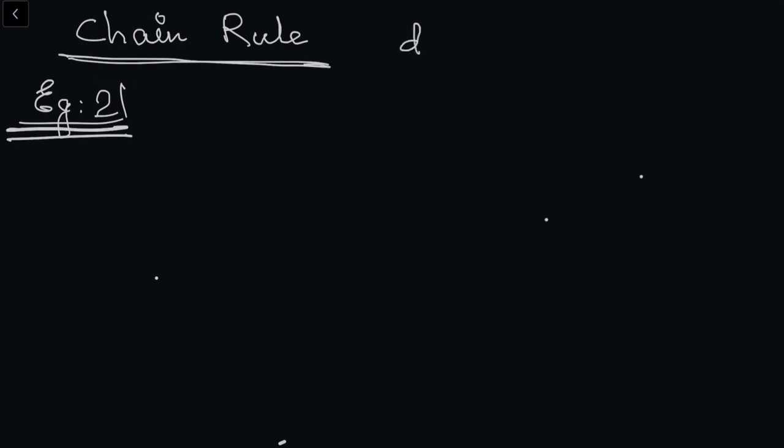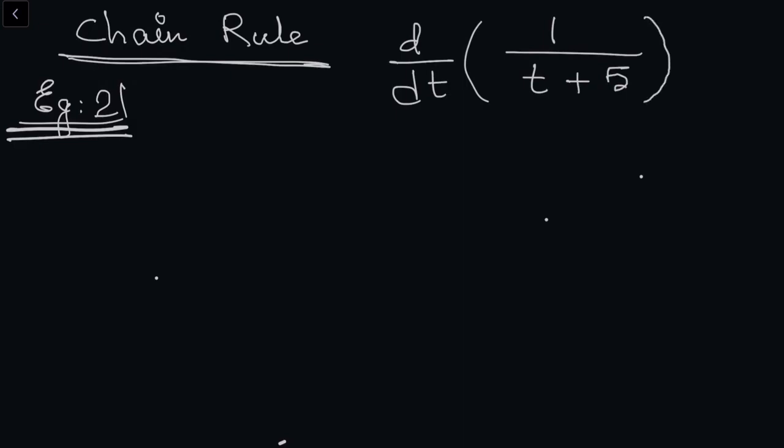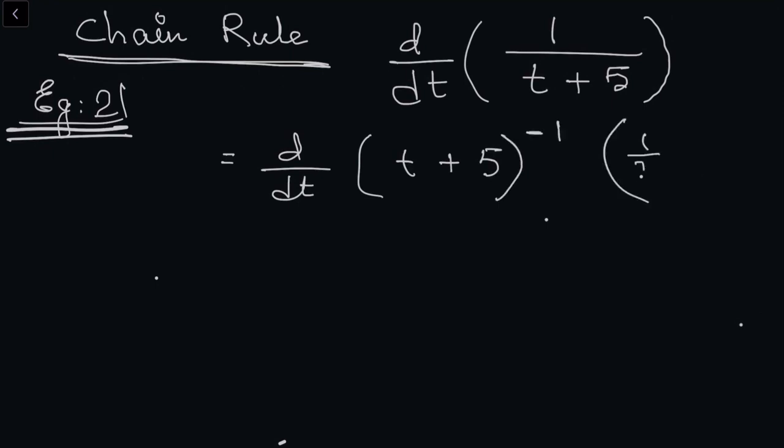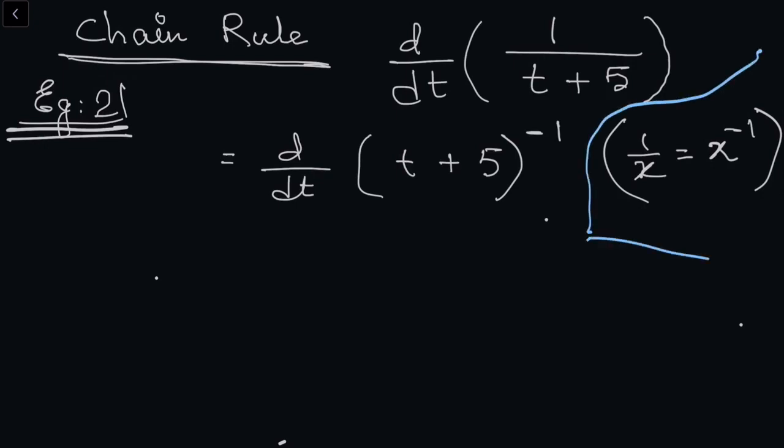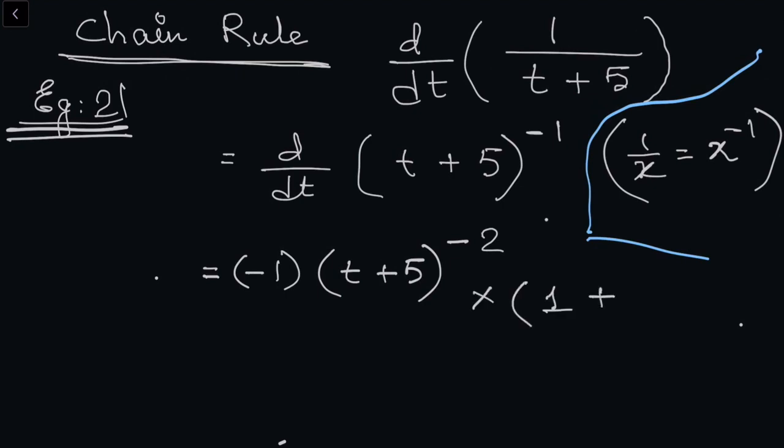Let's understand this chain rule with the help of example 2. It is d/dt of 1 by t plus 5. So let us make first t plus 5 to the power something, that is to the power minus 1. 1 by x equals x to the power minus 1. So something to the power minus 1 will give us something to the power minus 1, and then power reduces by 1, so minus 2. And then going inside the bracket, differentiation of t is 1 and 5 is 0.